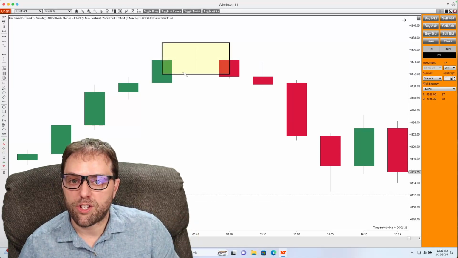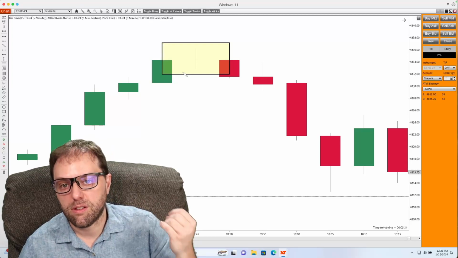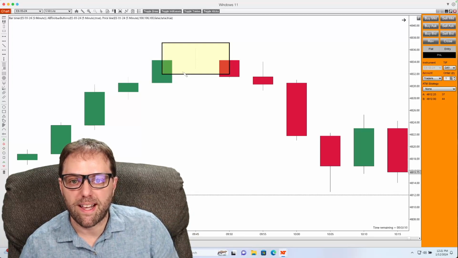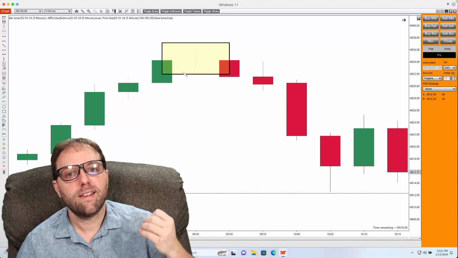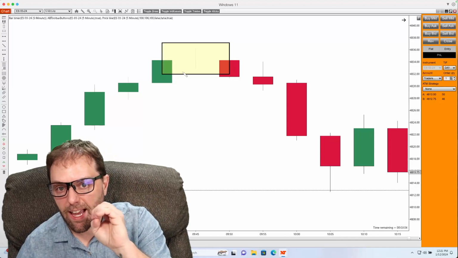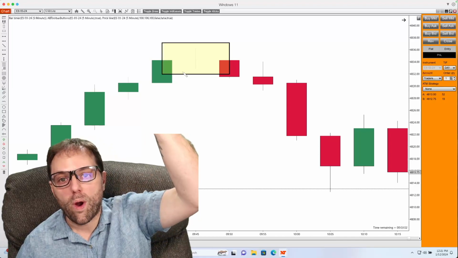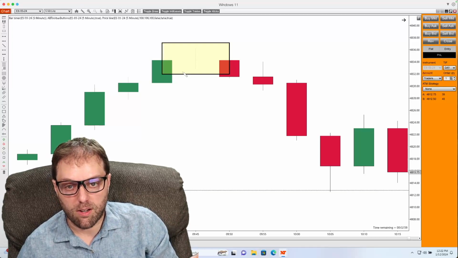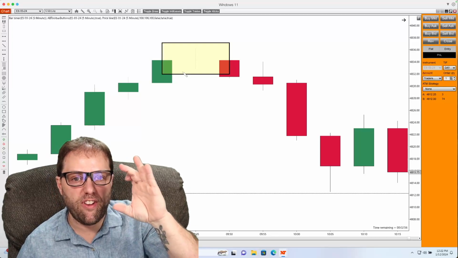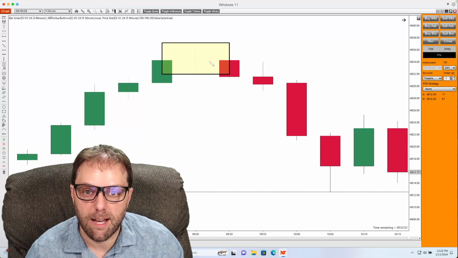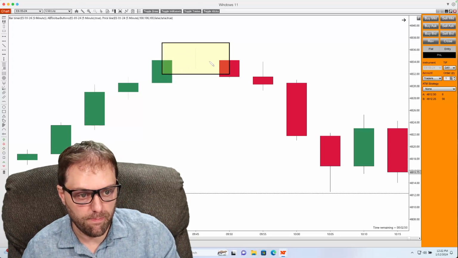Right here on the chart, we have what is called a doji candlestick. A doji candlestick is represented with an open price and a close price very close to the same price level, with wicks extending above or below the open and close price. It looks very truncated on this chart, and right here is an example of an indecision candle.